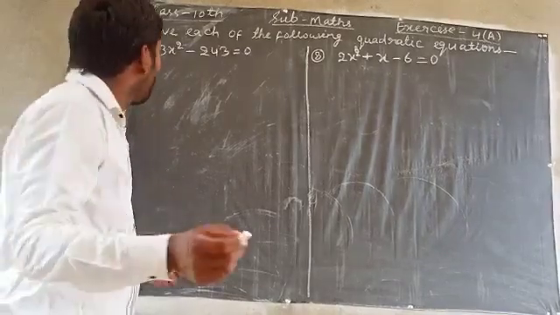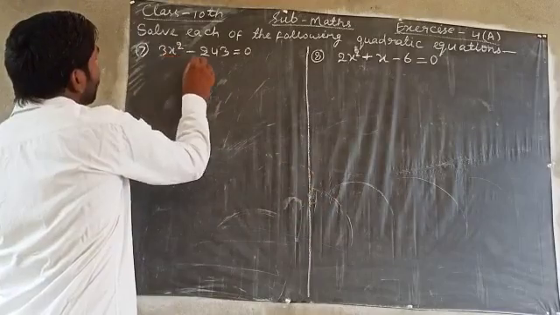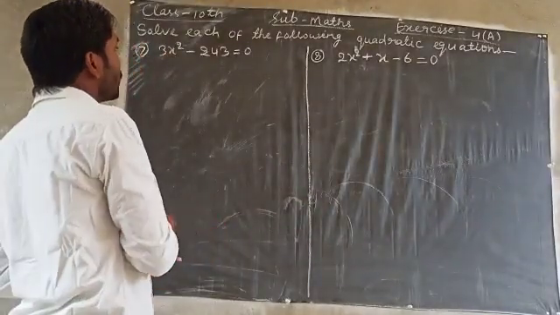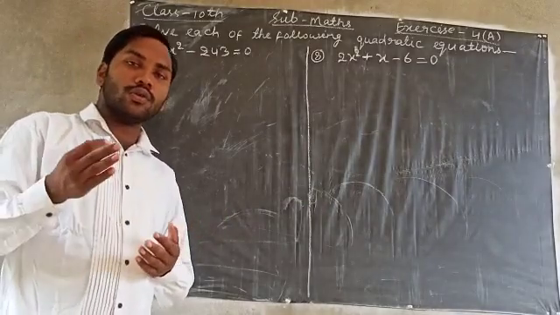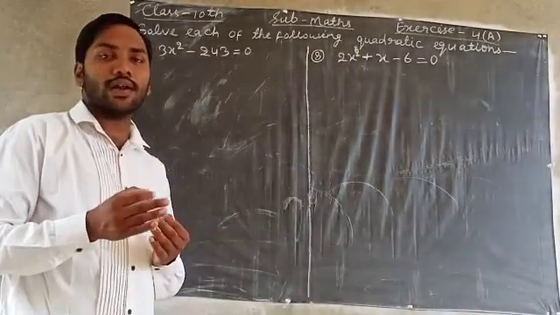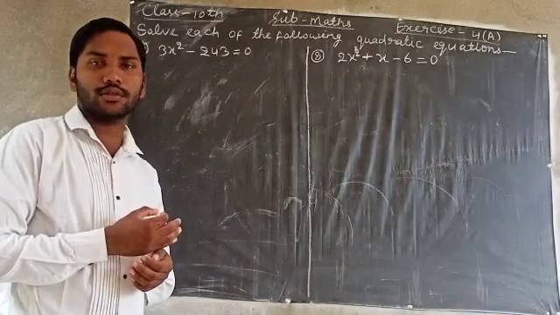So, our first question is 3x square minus 243 is equal to 0. We need to find the value of x.